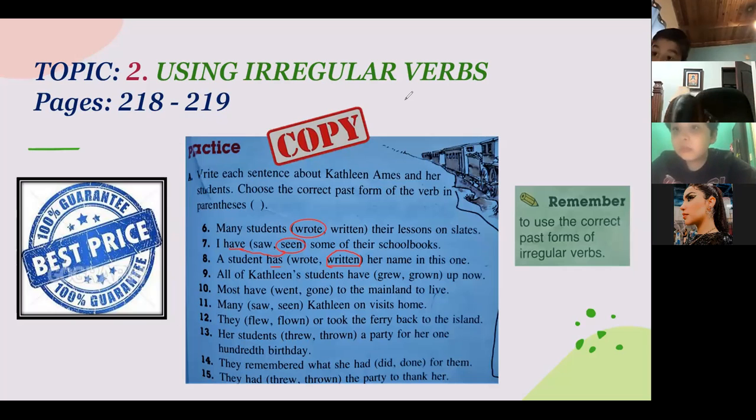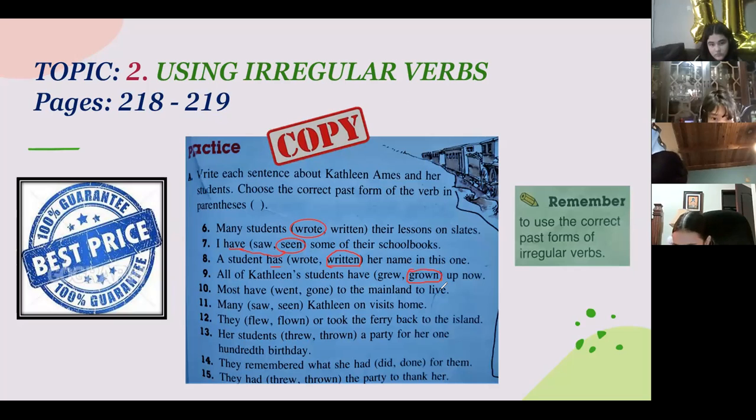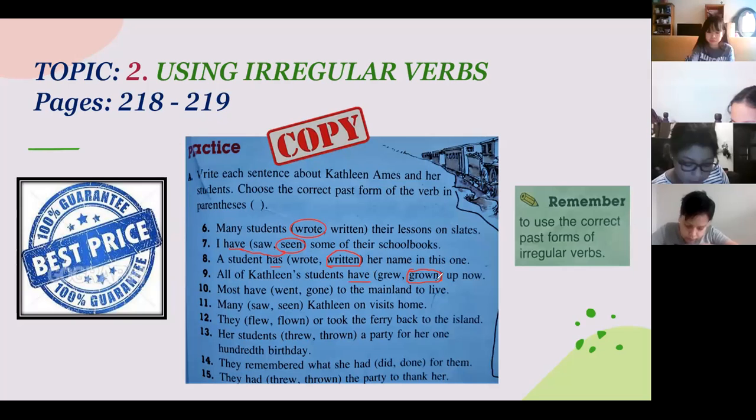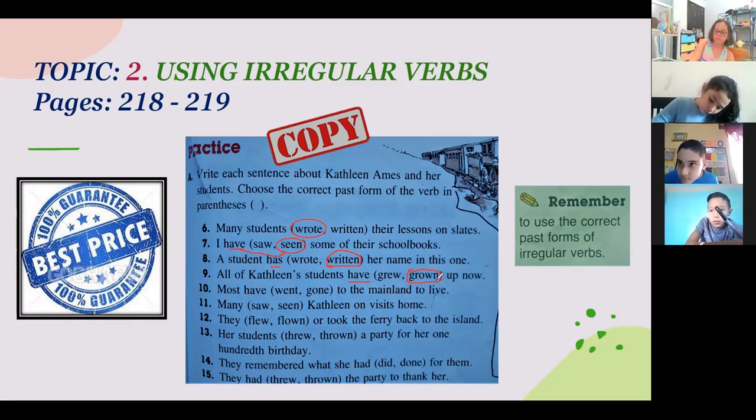So what is the answer, Khaled? Grew or grown? Grown. How do you know that it's grown? We have the word have before. Excellent. So it means that we're going to use the past participle. Excellent, Khaled.